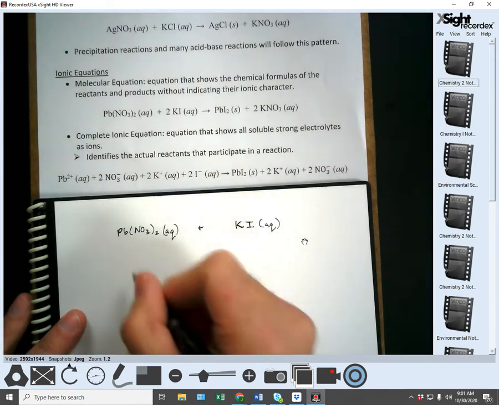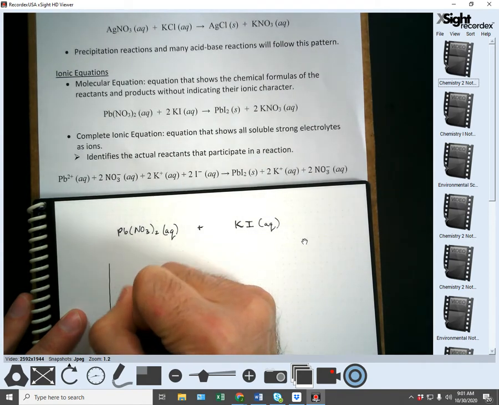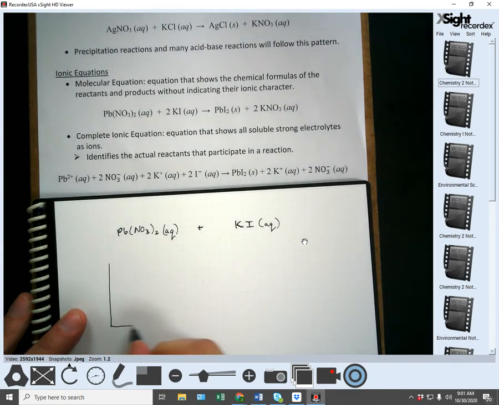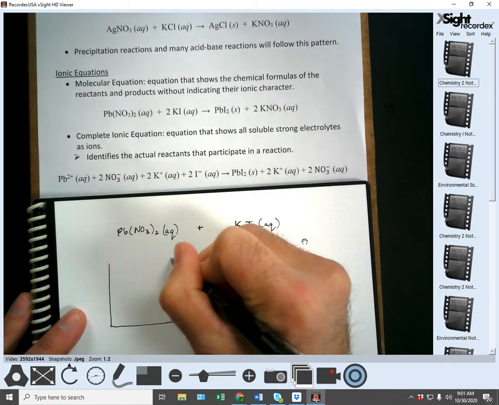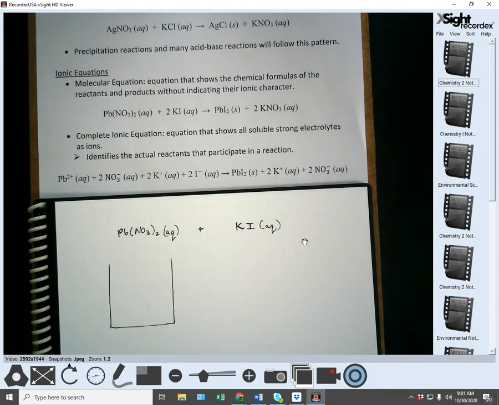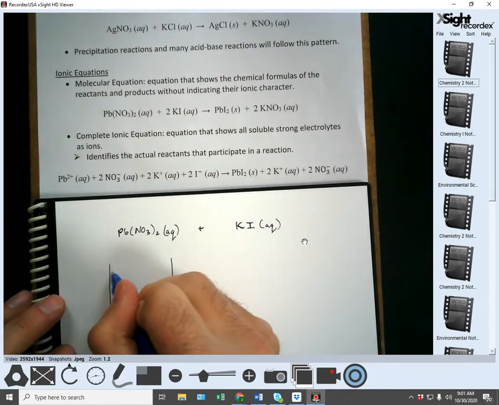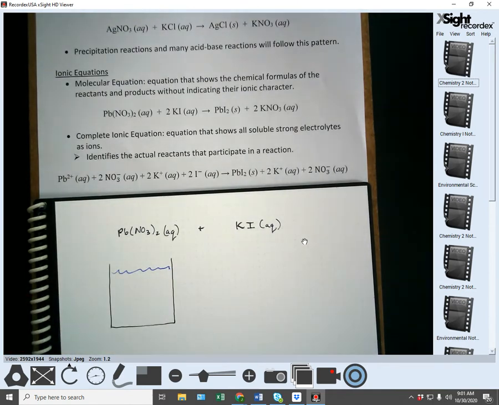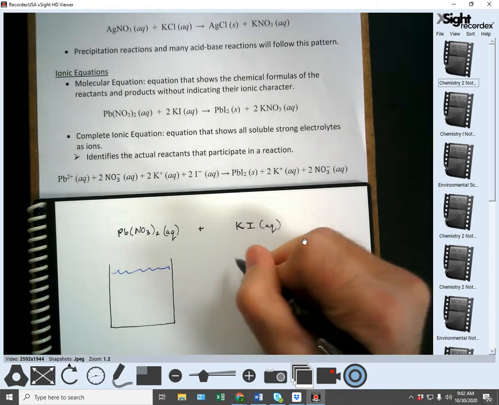If we were to put that into a solution, and the same thing with the KI.